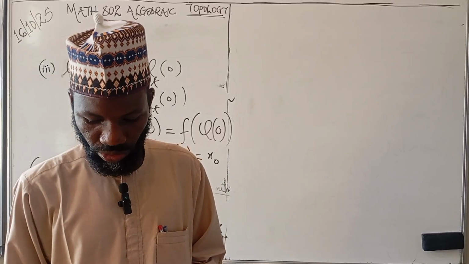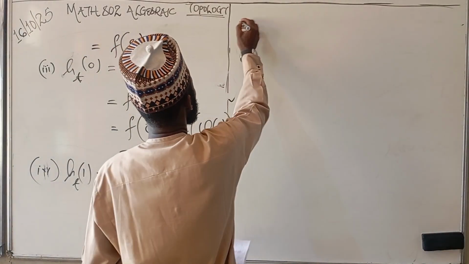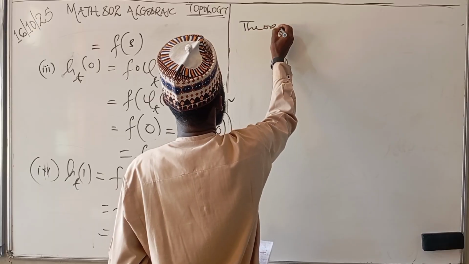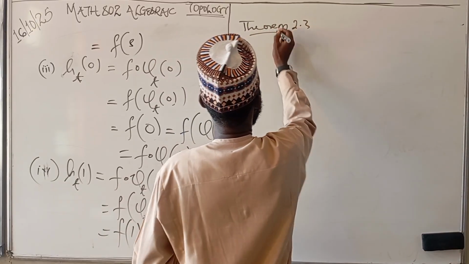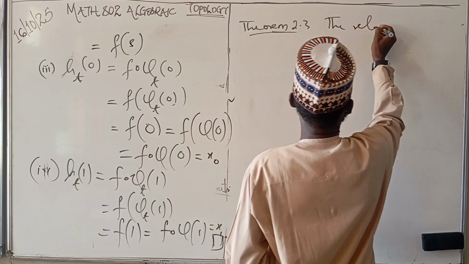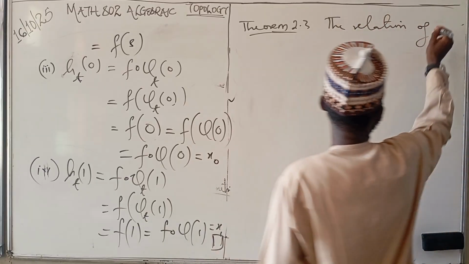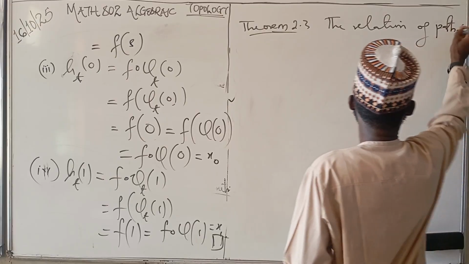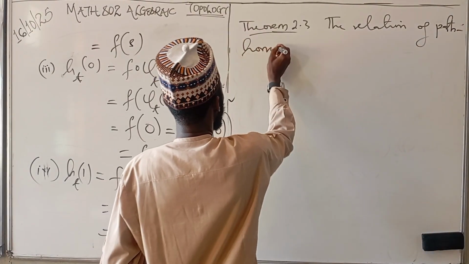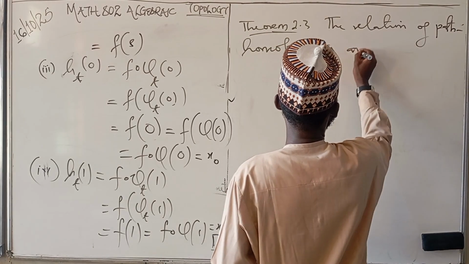It will not be easy to check that it is an equivalence relation. This will be my next result, 2.3, that the relation of path homotopy is an equivalence relation.